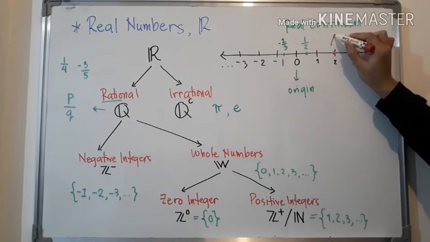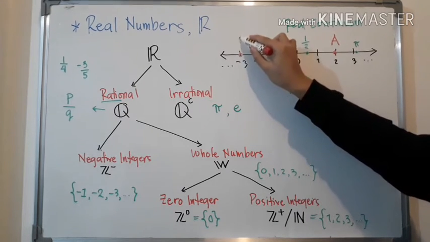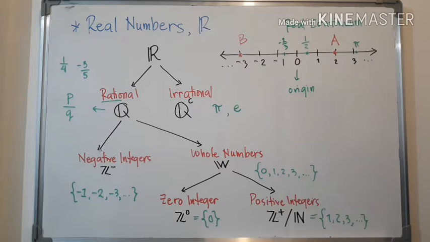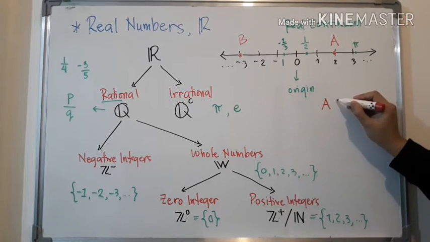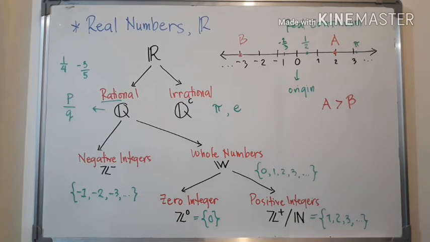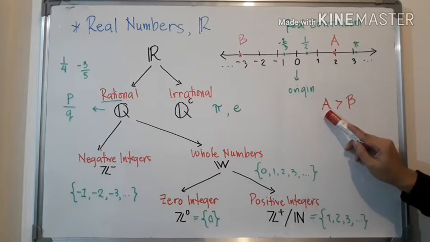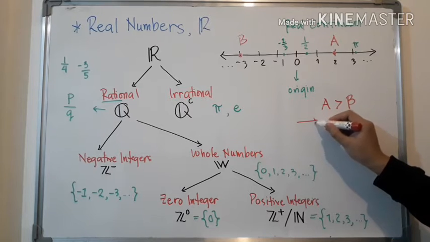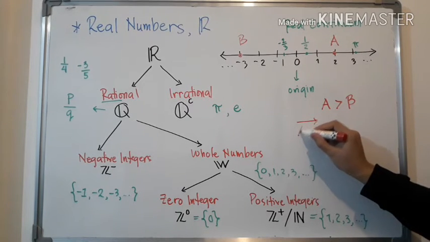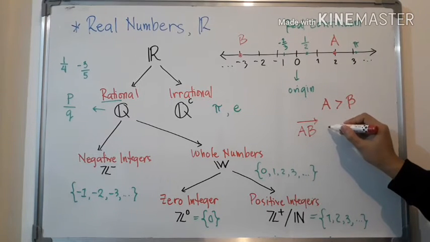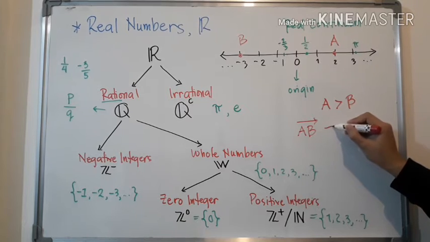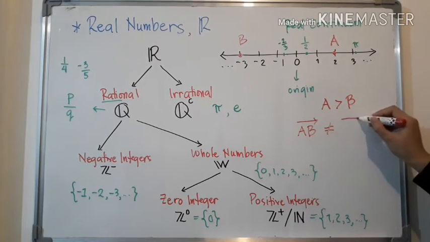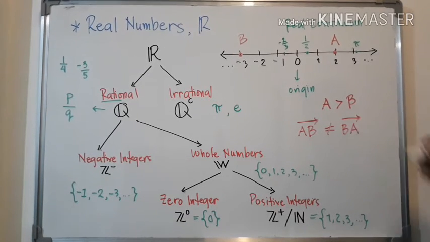Say this is point A, and this is point B. Notice that point A is greater than point B. And when we say the directed line segment from A to B, it is not the same with the directed line from B to A. So we are talking here of directed line segment.